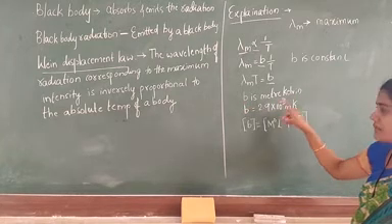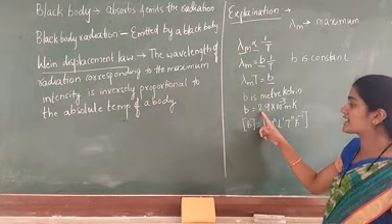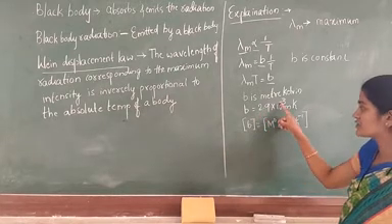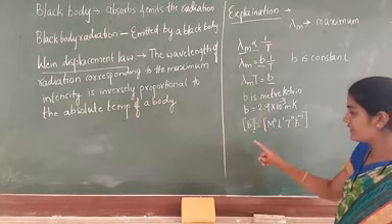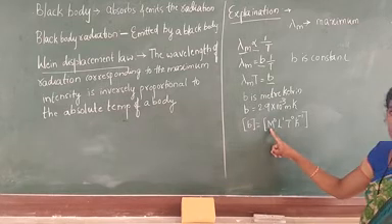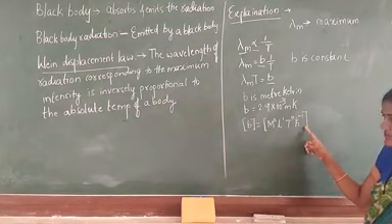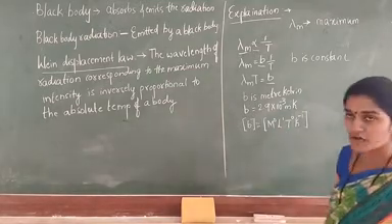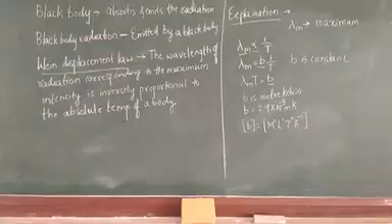The value of small b is 2.9 into 10 raised to minus 3 meter Kelvin. Therefore, the dimensional formula for b is m raised to 0, l raised to 1, t raised to 0, k raised to minus 1, according to the Wien displacement law.